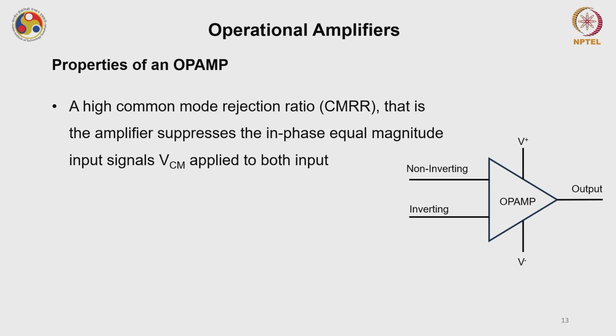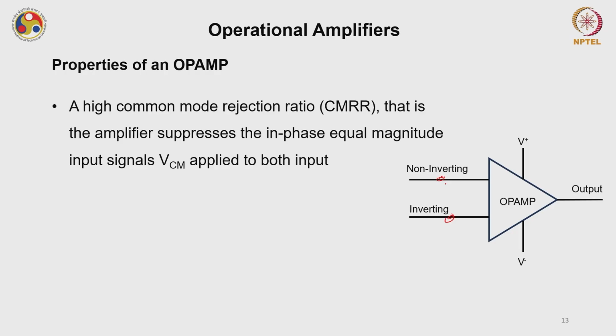These devices, op-amps, also have a high common mode rejection ratio or CMRR. It means that this amplifier suppresses the in-phase, equal magnitude input signals which are applied to both the inputs, okay. So when you have this op-amp in operation, you can expect that some kind of noise is generated at both the inputs, okay.